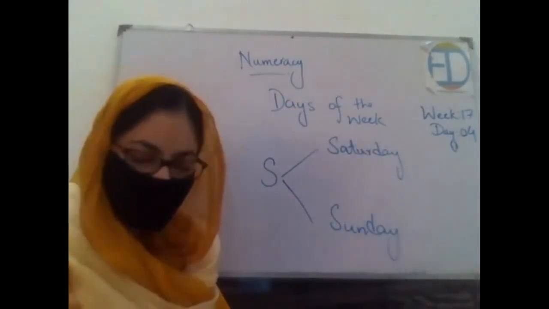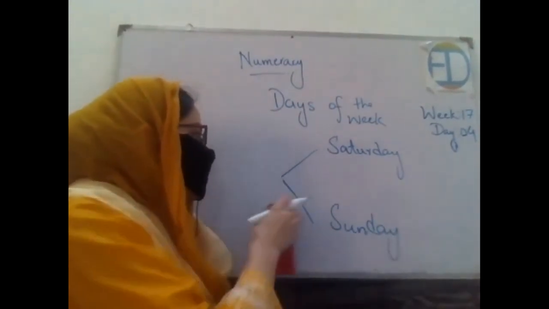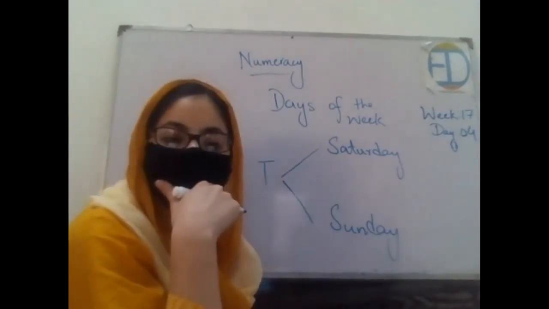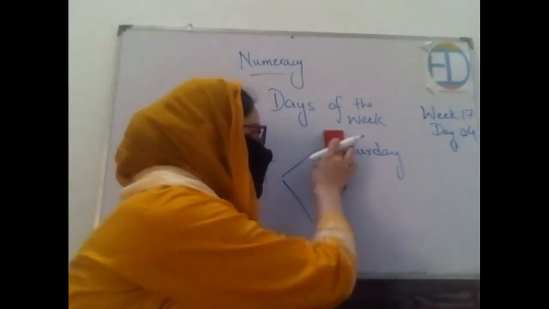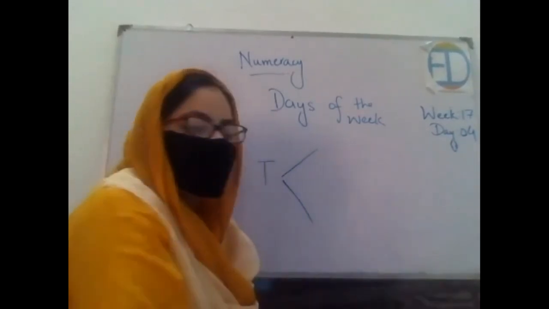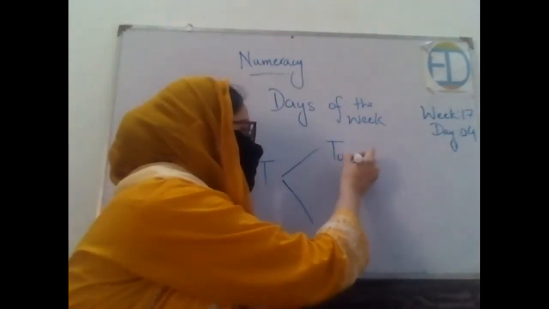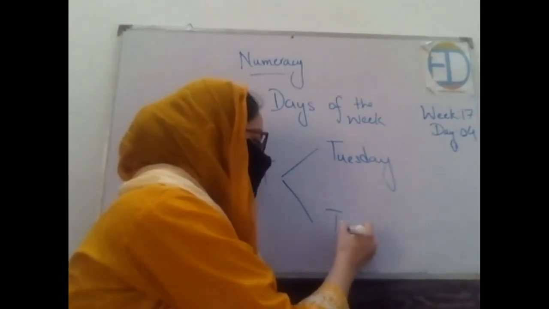So, who is going to tell me the names of the days of the week which start with T? Yes? There are two of them, right? Again, two. So, can you tell me their names again? They are Tuesday and Thursday.